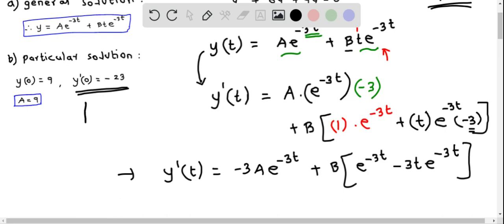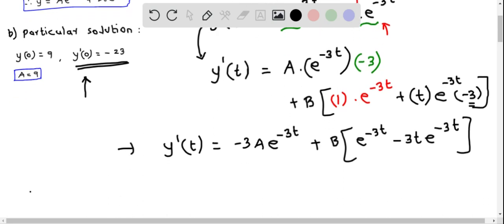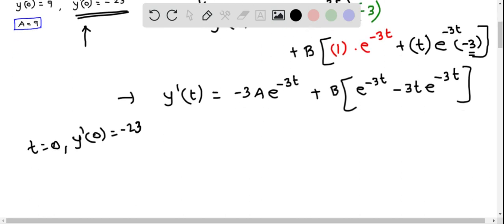Now we are going to use this second initial condition, that is y prime of 0 equals negative 23. This means at t equal to 0, y prime of 0 equals negative 23. So let's replace all the t by 0, and when we do that, we will get y prime of 0.